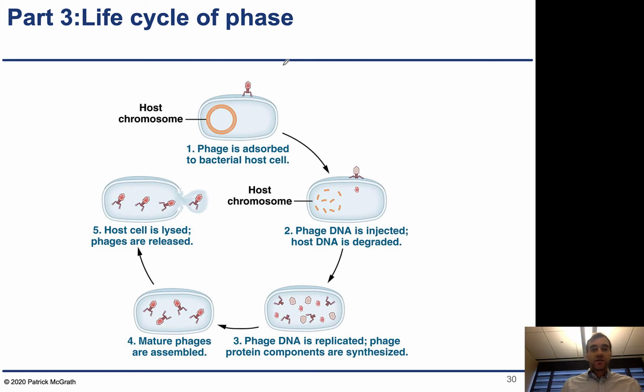So what is the life cycle of the phage? If a phage is lucky enough to find a host bacteria, it binds to and attaches to the cell wall of the bacteria, and then that DNA is injected into the host. Here we see the phage DNA in red that is injected. That phage DNA is transcribed into mRNA.